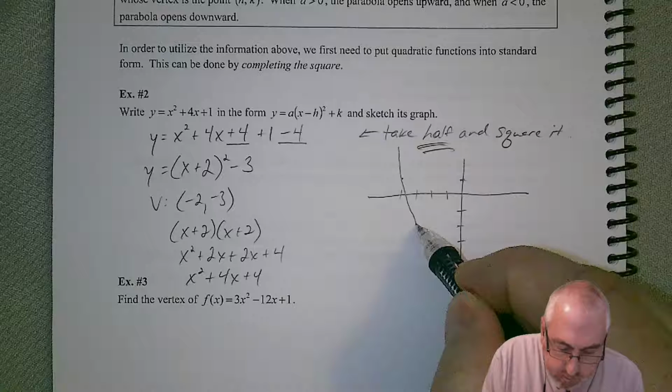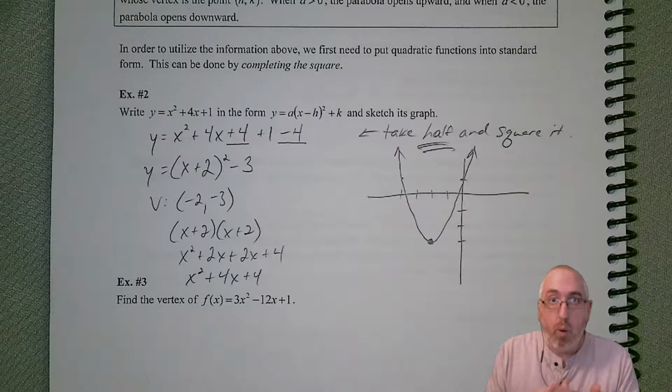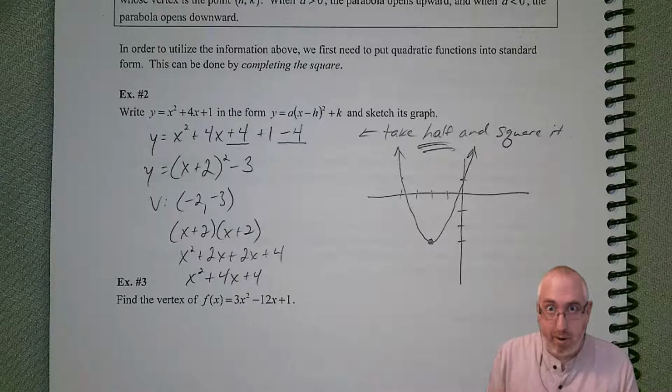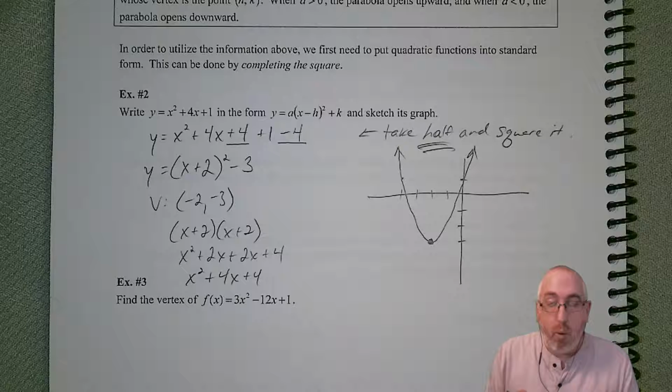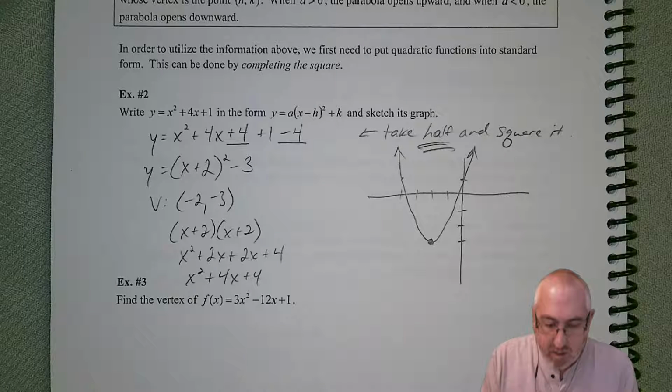Now another nice little trick with parabolas is the 1, 3, 5 scenario. Once you know where the vertex is, to get more points on your parabola, you can go over 1, up 1. So there's the 1.